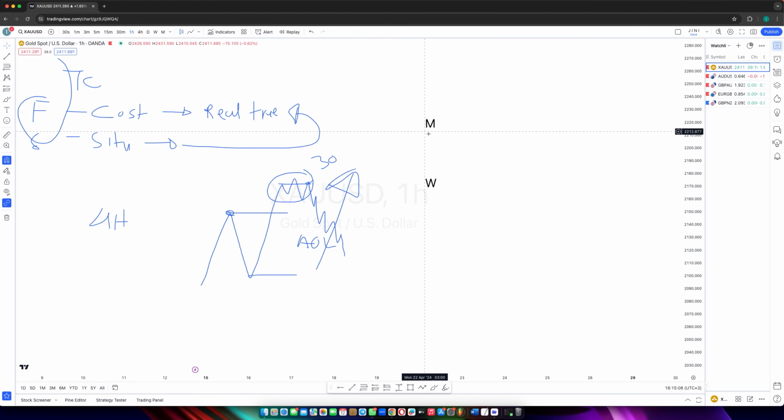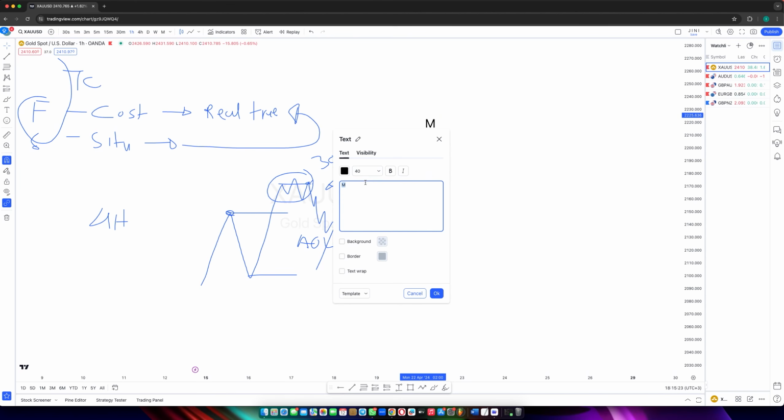The monthly time frame has its situational time frames, which are combined with it to give us the monthly time frame coordination.